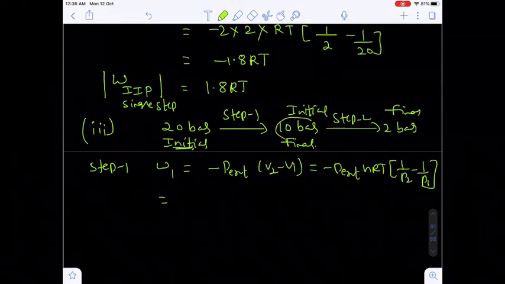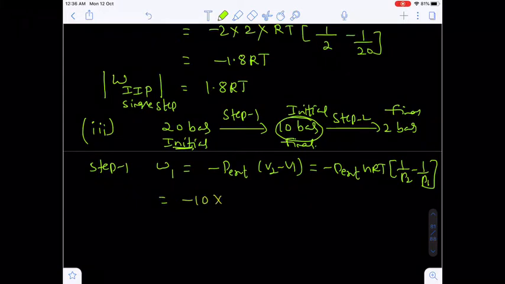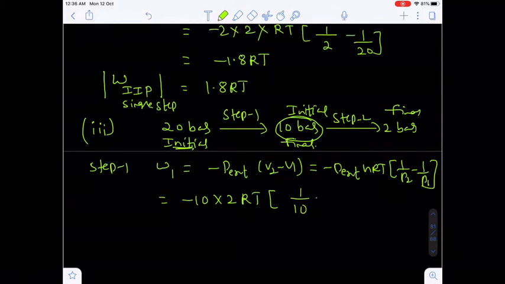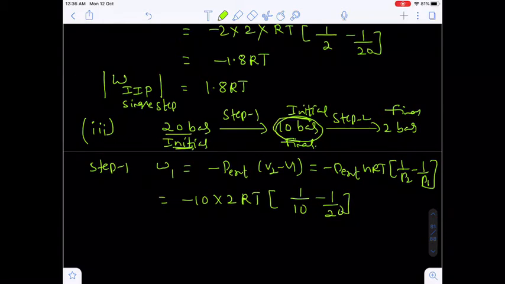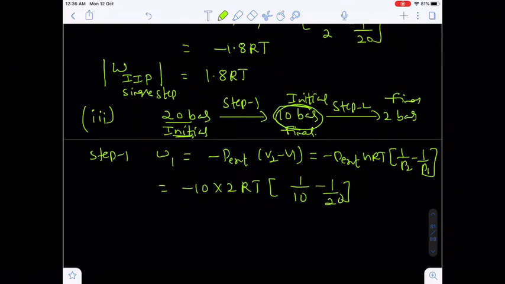In step 1 the final pressure will be 10 bar, so that's why I am taking minus 10. Number of moles will be 2, RT as it is, 1 upon P2 will be 10. Now P1 will be 20, P1 is the initial pressure. If 10 is final, then 20 will be the initial. Are you getting my point? This is the first work done.